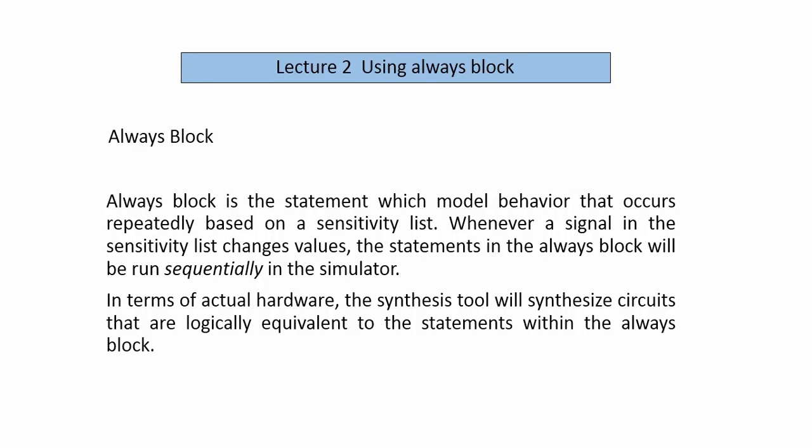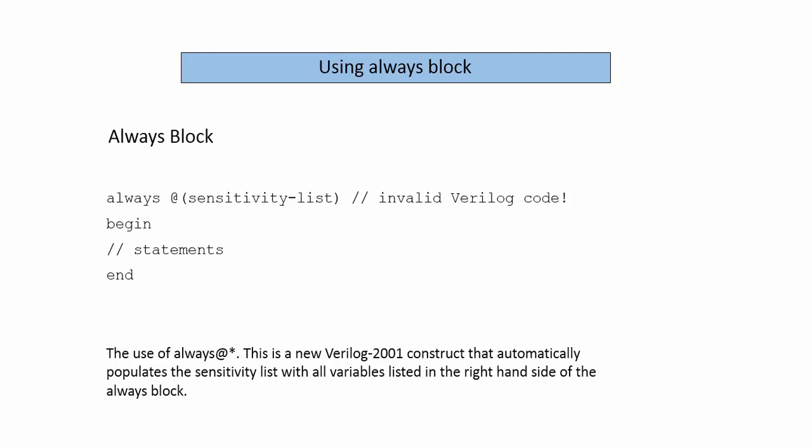We can see here the always block. Always is a keyword, and we write always, space, @, then a small bracket and the sensitivity list. The sensitivity list includes different types of parameters like ports. Mostly we include input ports in the sensitivity list. Then the small bracket is closed.